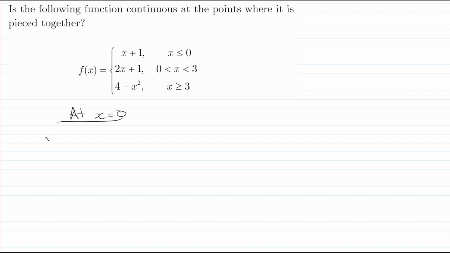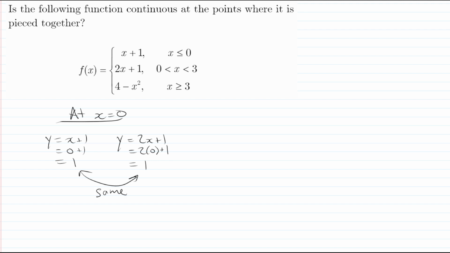For the first one, we have y equals x plus 1, which would be 0 plus 1, which is 1. For the second function, we have y equals 2x plus 1, so that's 2 times 0 plus 1, which is also 1. Notice these are the same.